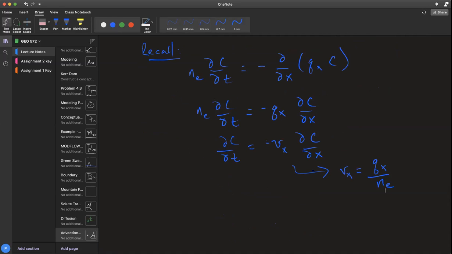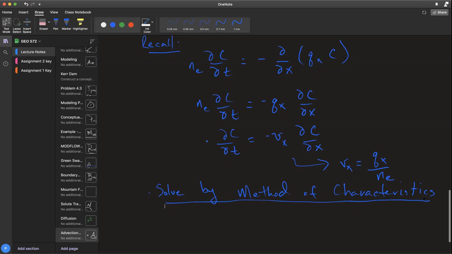Okay, in this case, we can solve this PDE by method of characteristics. I don't want to get too deep into that, but it's just another way that we can solve a partial differential equation.